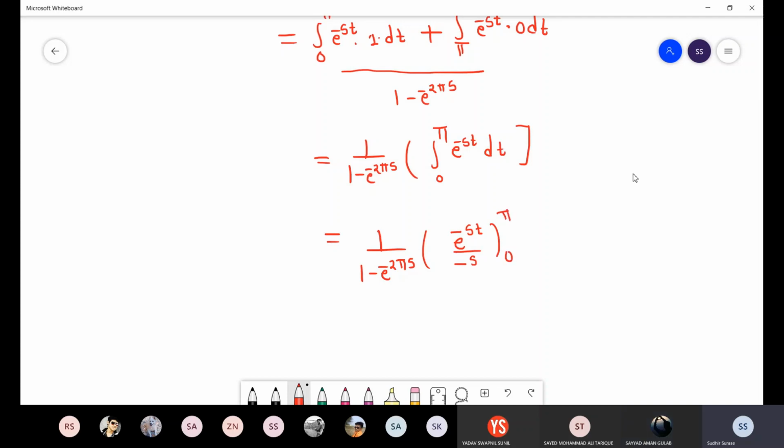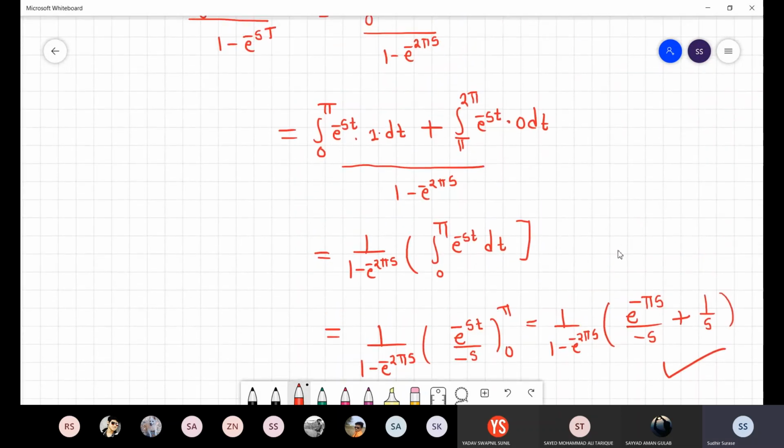Now put the upper and lower limits. So this is equal to 1 upon 1 minus e to the power minus 2 pi s, in bracket, upper limit e to the power minus pi s divided by minus s, and lower limit is 0, so plus e to the power 0 upon s, and that's the final answer. So this is the required answer, the Laplace transform of the given periodic function.